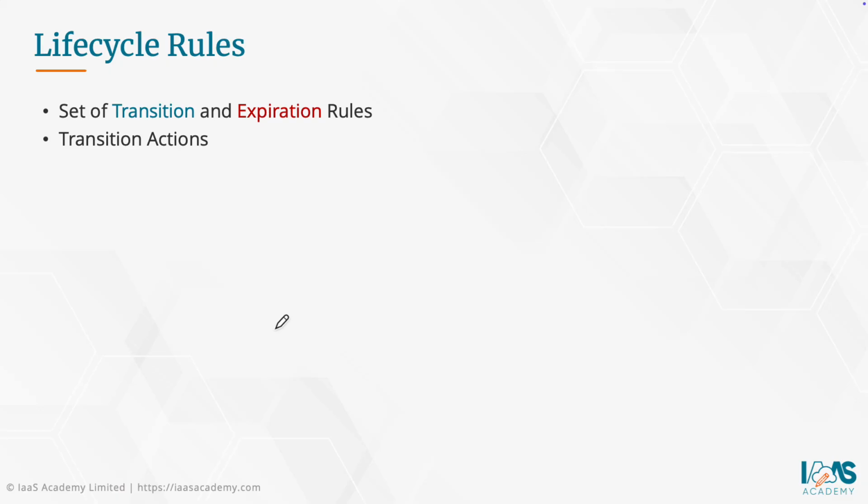Maybe after a couple of years, you're really not going to access that data, and you're only going to access it if you just want to reference something you did in the past, in which case you probably want to transition it into a Glacier storage class, which will be much cheaper. It will store your data highly durable with 11 nines of durability, but it means that you don't have to spend so much on the cost of storing that data.